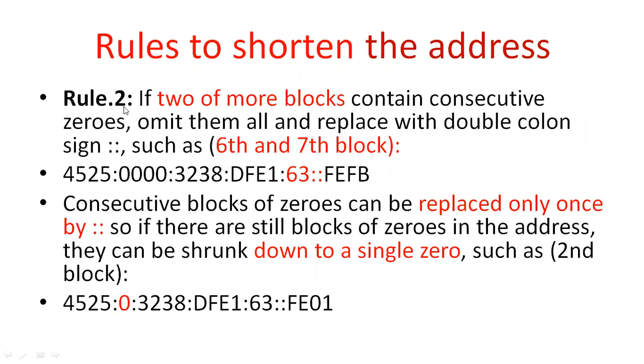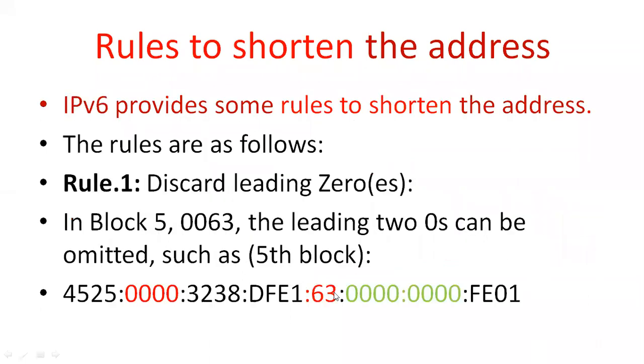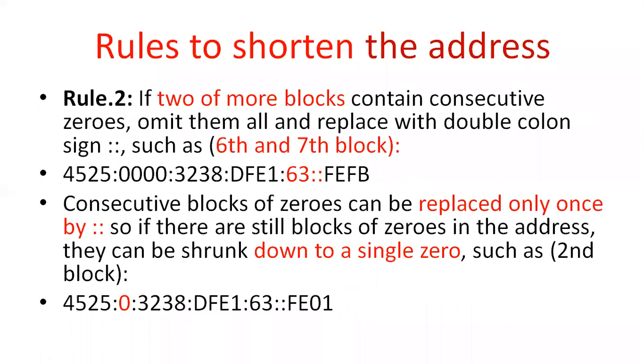Not a single colon here, but a double colon. If you see this diagram, the sixth and seventh groups consist of all zeros. You have to omit these continuous zeros and, in place of a single colon, use the double colon.